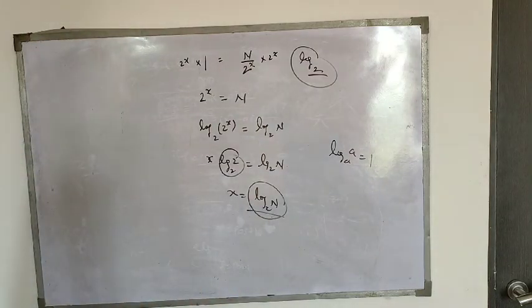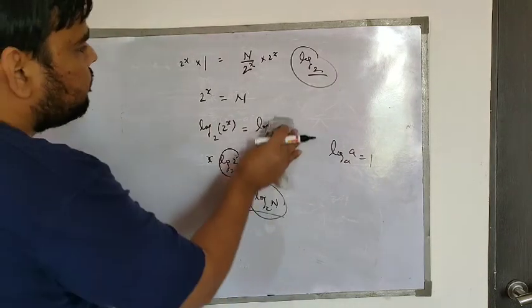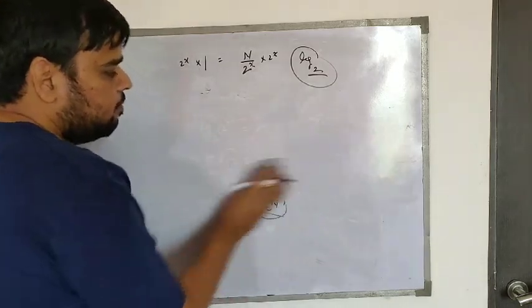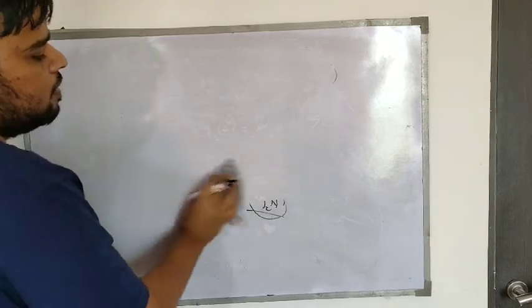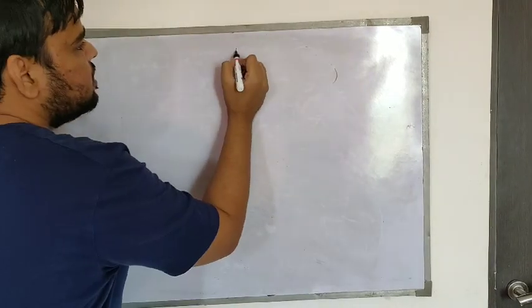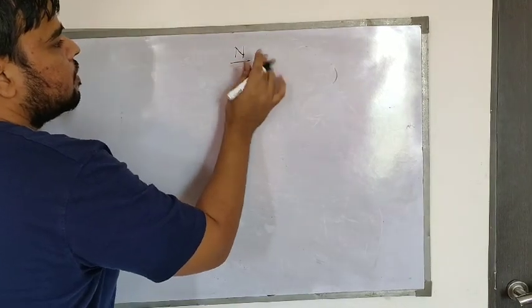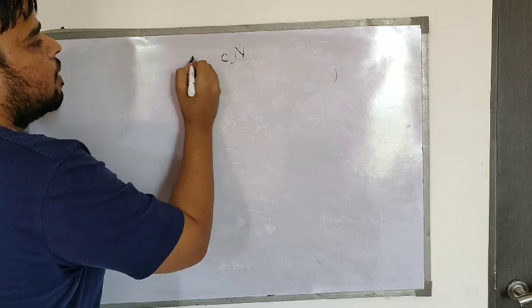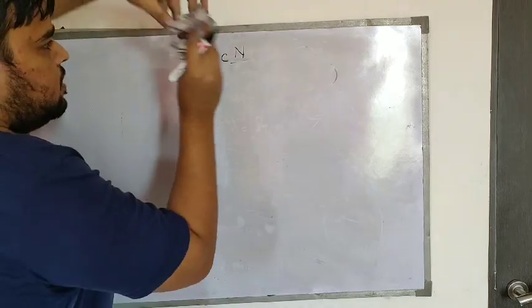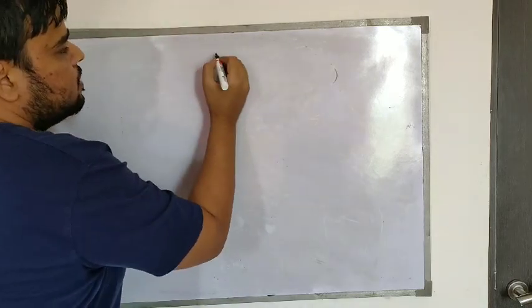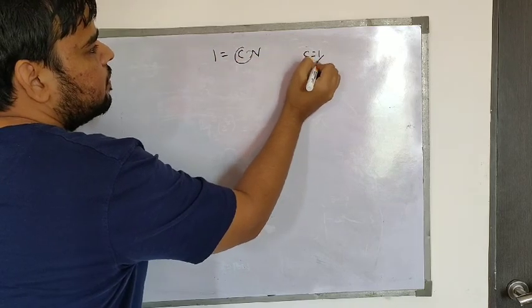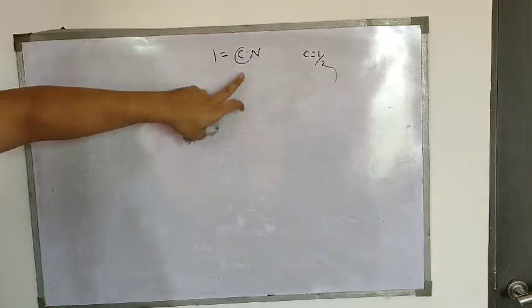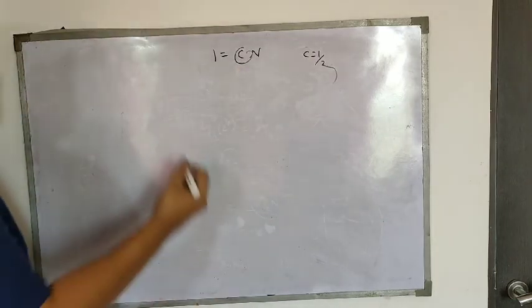Now what is the difference between binary search and interpolation search? In interpolation search, the constant is different. What I'm trying to say is, in your binary search, C was 1 by 2, right? But in interpolation search, this C is different. What is this C?